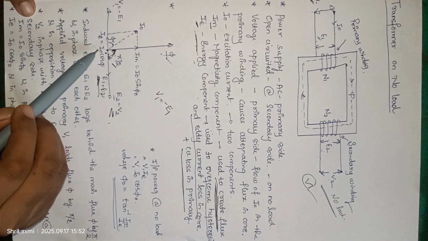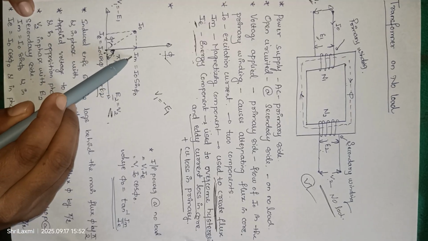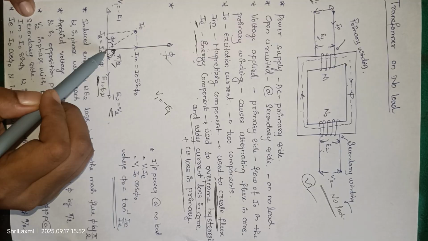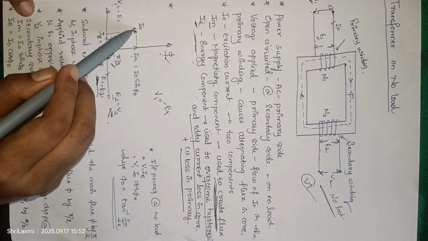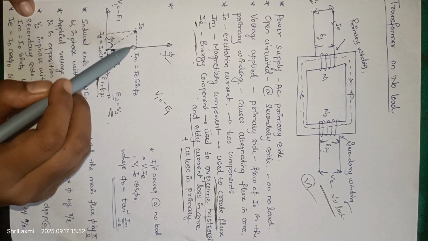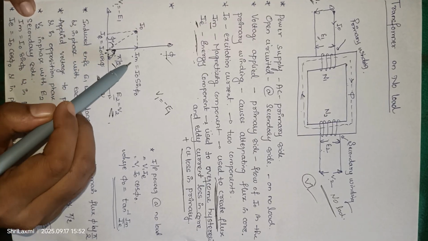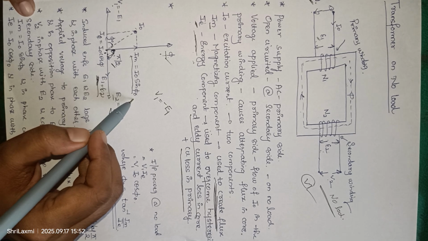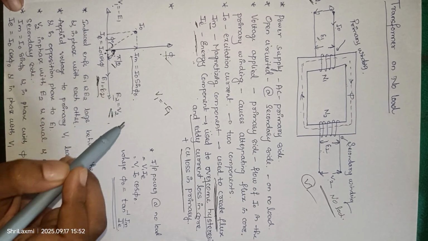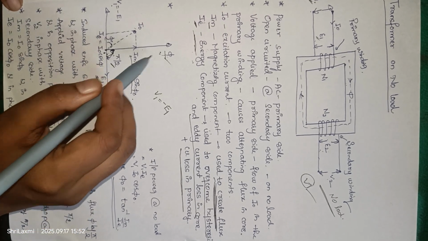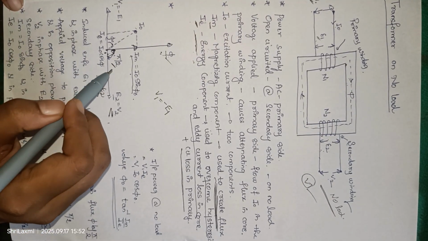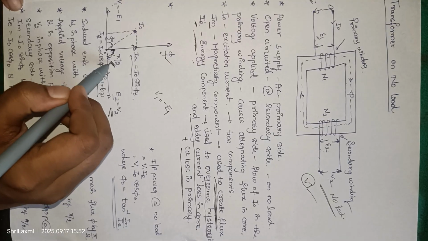And here the main components, this is the I naught, which is the exciting current, which has two components, Im and Ie. Im is given by the equation Im is equal to I naught sin phi, and it is in phase with the flux phi, and it lags V1 by an angle pi by 2.